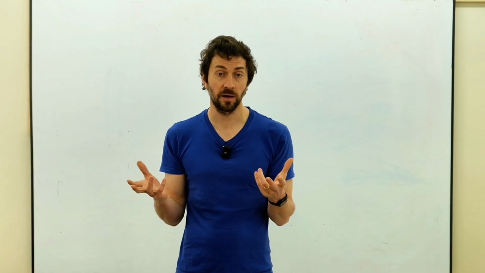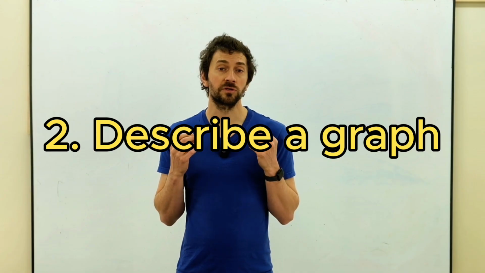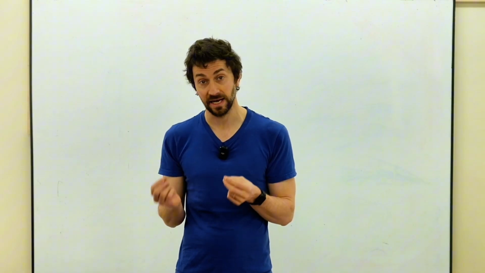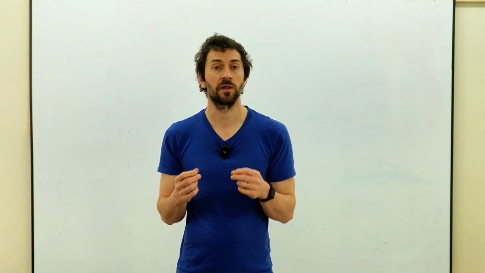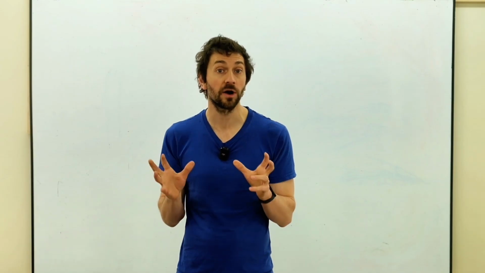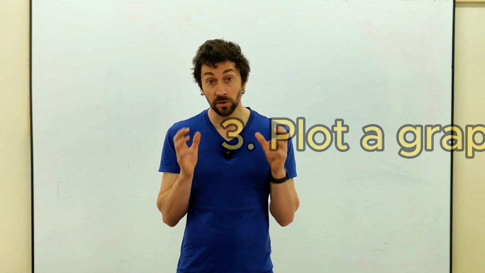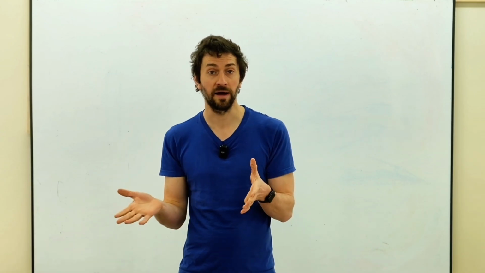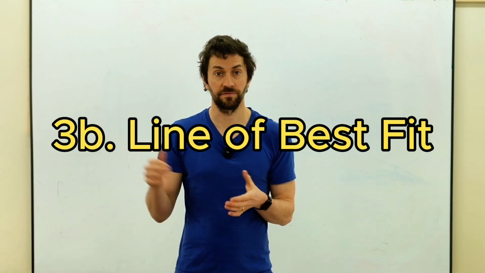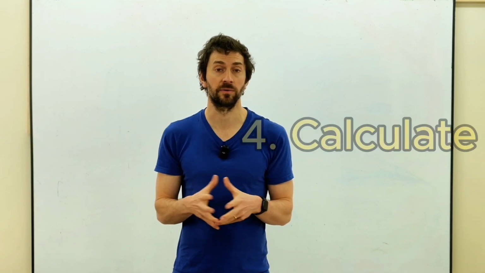So there'll be some topic and you have to talk about what that experiment is. Second, you'll have to describe how to collect data. So you need to be thoughtful about the way that you would organize the data to plot a graph. Third, there'll be some data and you'll need to plot that data on a graph and find a line of best fit. And fourth, you'll need to calculate a variable.